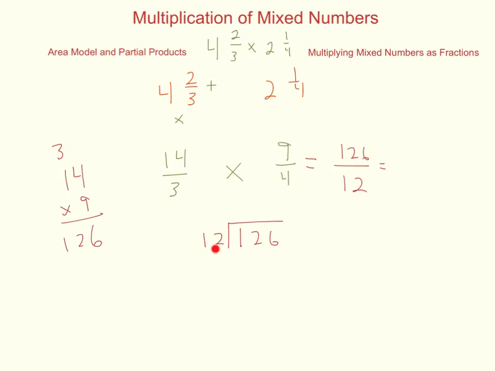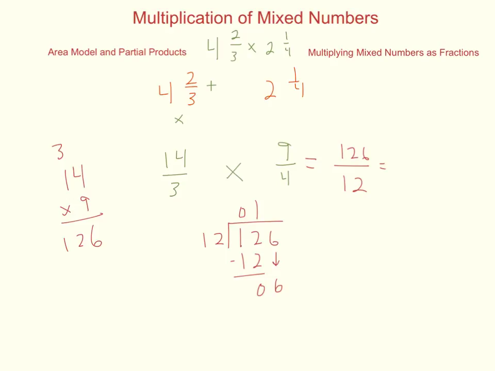There's no groups of 12 in 1, but there is one group of 12 in 12. 1 times 12 is 12. We subtract and we get 0. 0 is less than 12. So our next step is to bring down the 6.